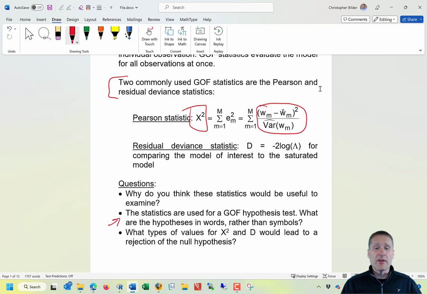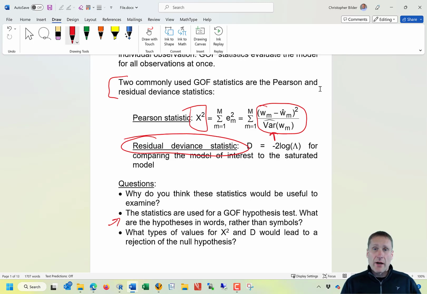Compare this to what we were seeing before when we were looking at a residual deviance statistic and writing out hypotheses formally. What types of values for X squared and D would lead to a rejection of the null hypothesis? This goes back to what a Pearson residual represents. It's a measure of how well that observation is fit by the model.